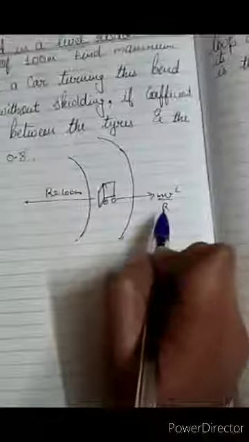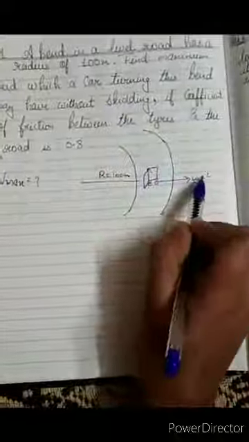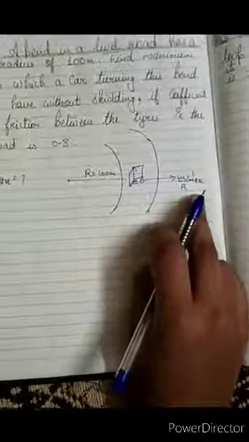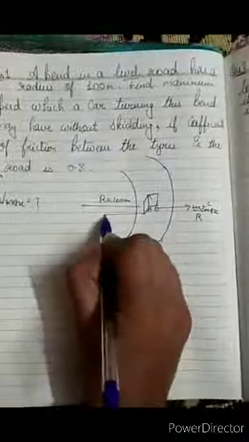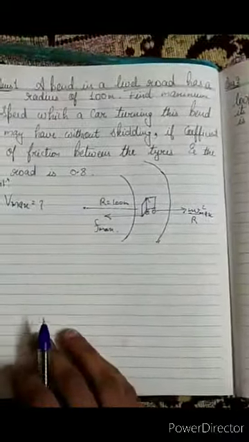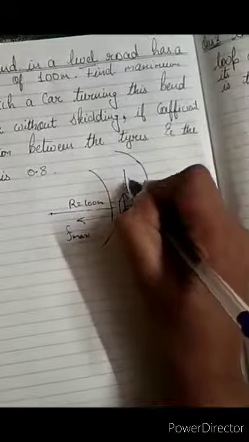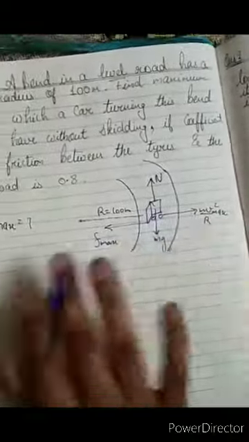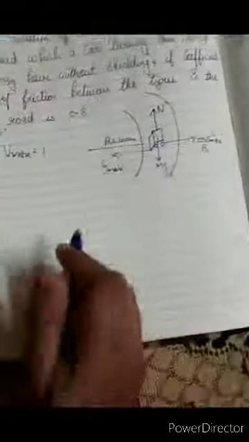If you want maximum speed, then friction has to be maximum. Friction will act in this way, that is F max, so that the car will not skid. And this is our normal and this is our mg, which is balancing because this is a leveled road, so no theta is over here.